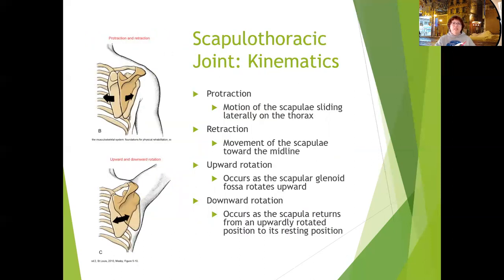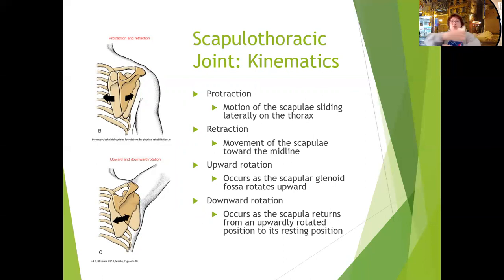I don't really expect you to know all the different arthrokinematics, but you could probably figure them out if you had to. Protraction is the motion of the scapulae sliding laterally on the thorax.